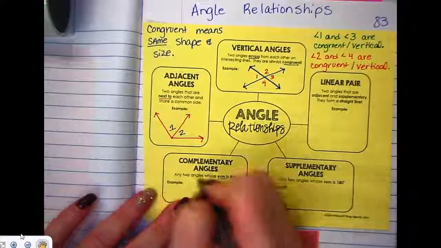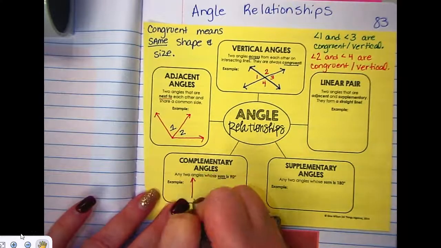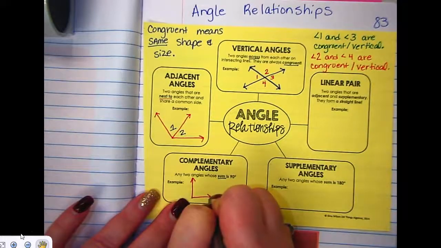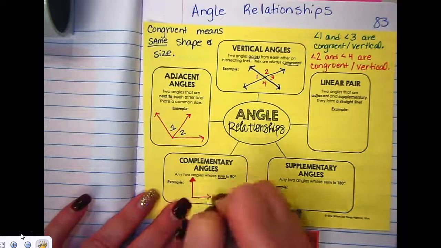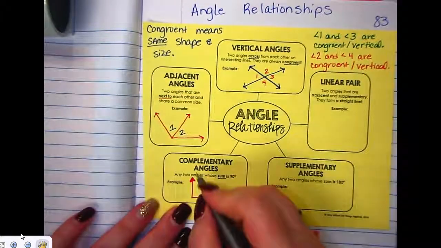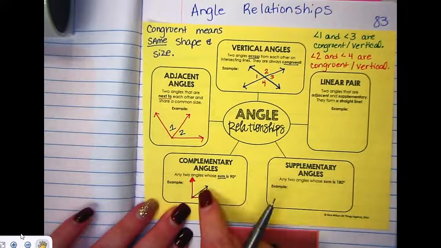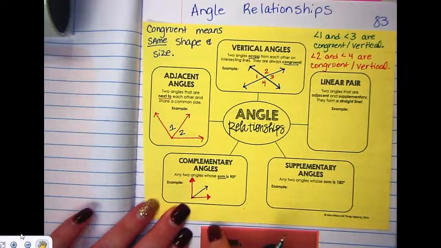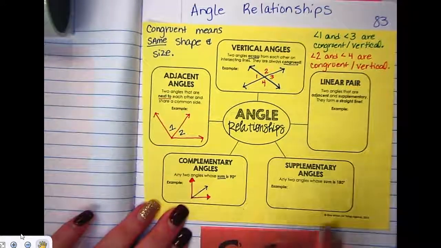So let's draw a 90-degree angle, a right angle, please. That means it has a corner that's 90 degrees. Do your best to draw a 90-degree angle. Okay? And then split that 90-degree angle. Doesn't matter how you split it. But I know that this angle and this angle are complementary because they add up to 90 degrees.